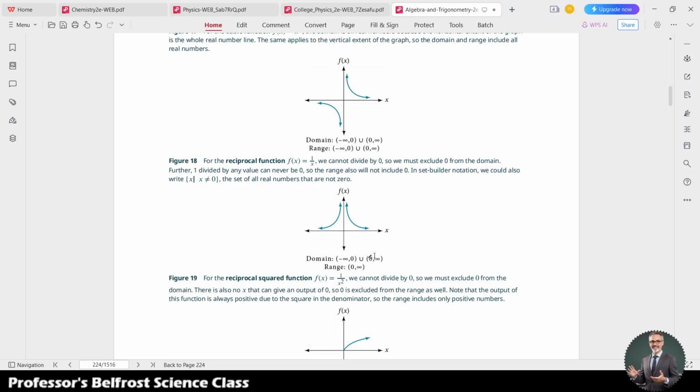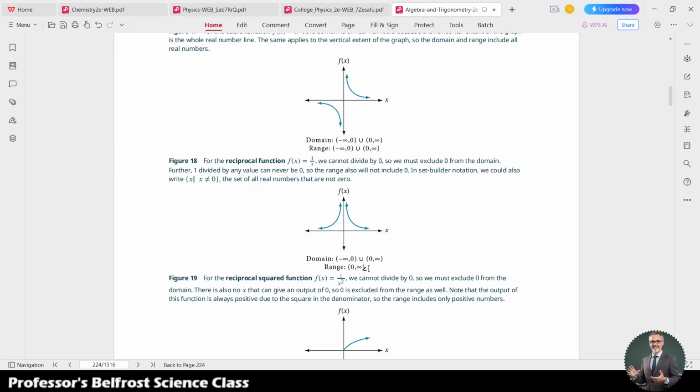So what can we conclude from this? What we can conclude is, for sure, it never cuts 0, but it will nearly reach 0. So it goes from minus infinity to near 0, union 0 to positive infinity. That's how we say this.